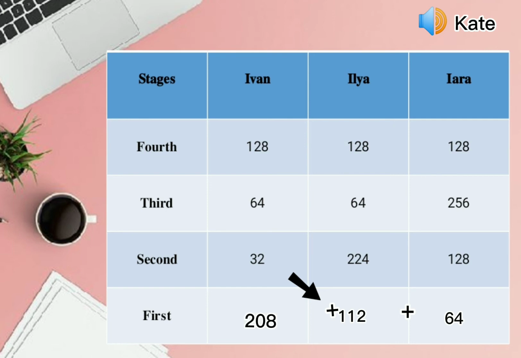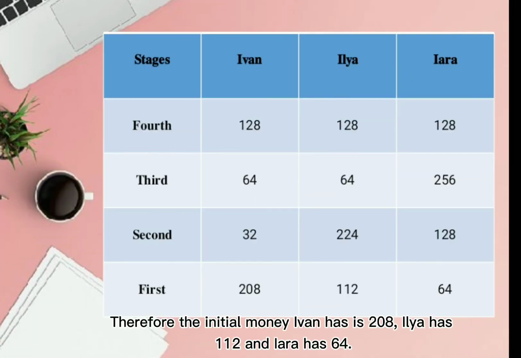That is all. Therefore, the initial money Ivan has is 208, Ilya has 112, and Ayara has 64.